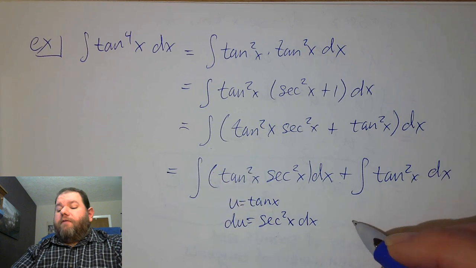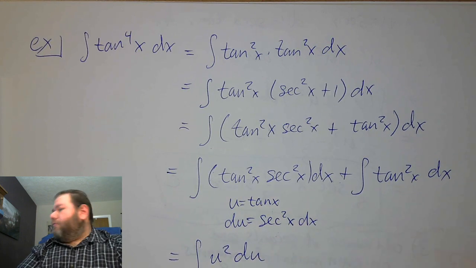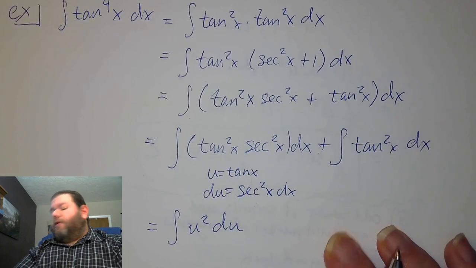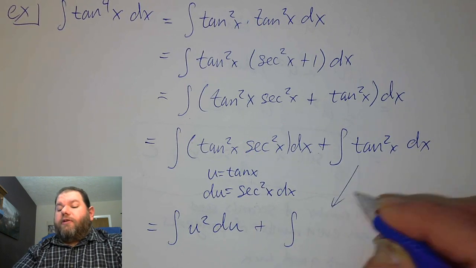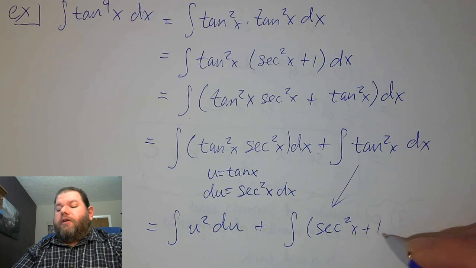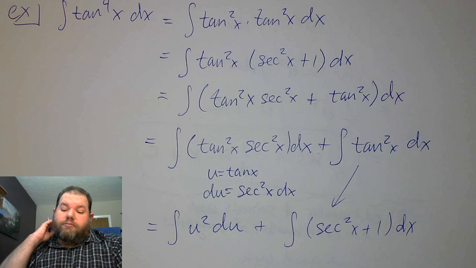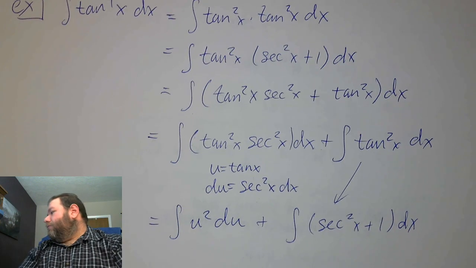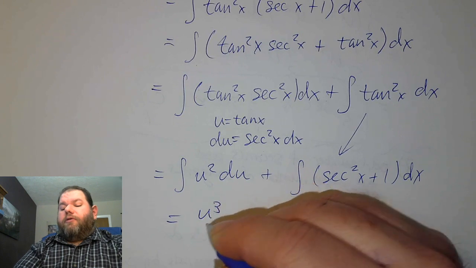Okay, and then for the other one, I think the best course is to just take tangent squared and turn that into secant squared x minus 1. So now both of these are integrable also. So this will be u to the third over 3.